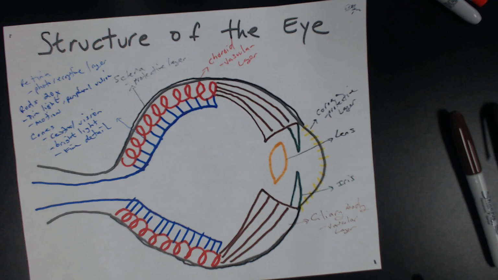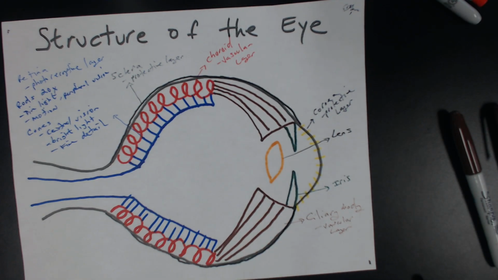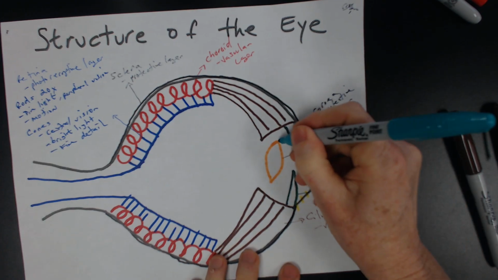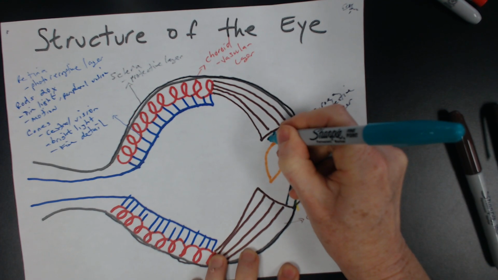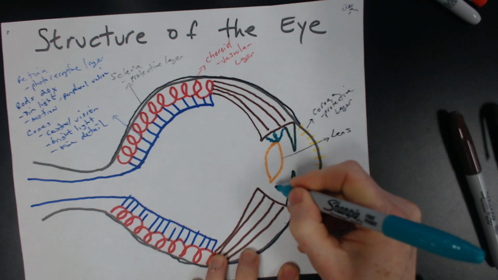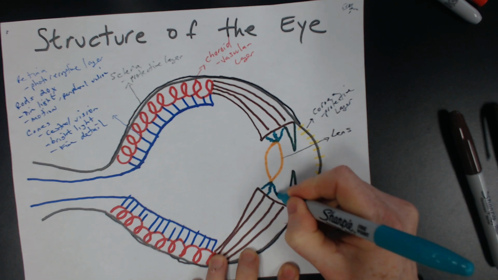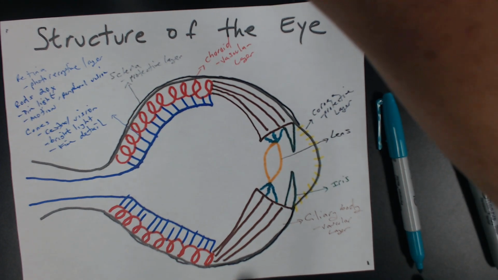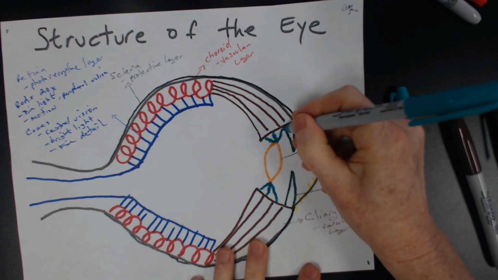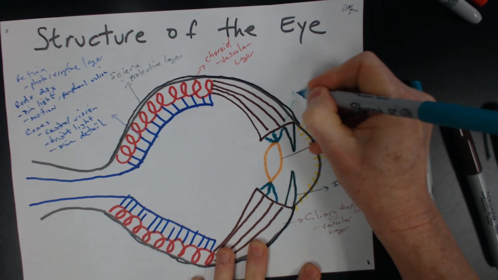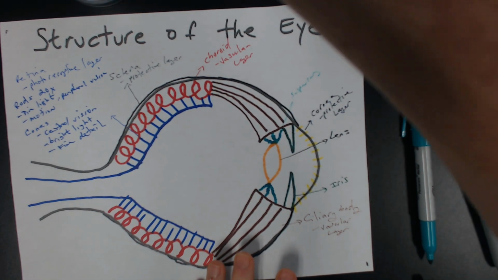The lens of the eye is actually attached to the ciliary body with something called suspensory ligaments. So I'll just draw them in here like this. So your lens is attached to your ciliary body through something known as suspensory ligaments.